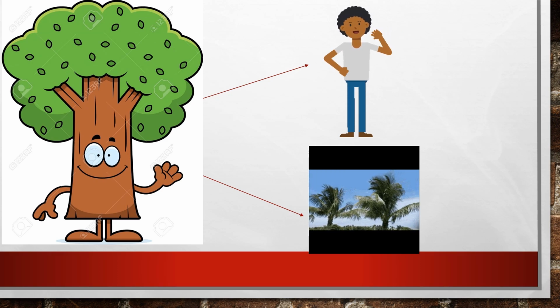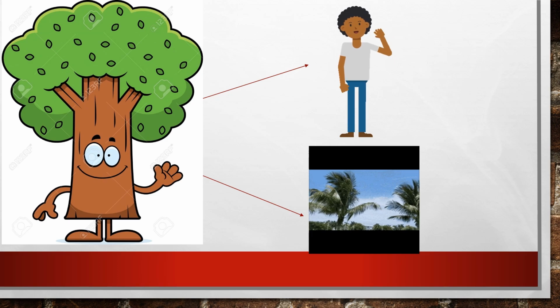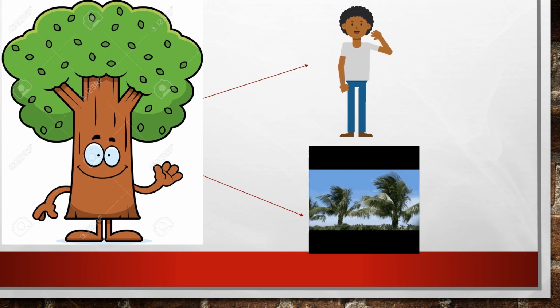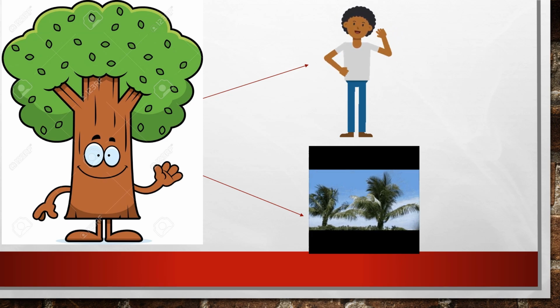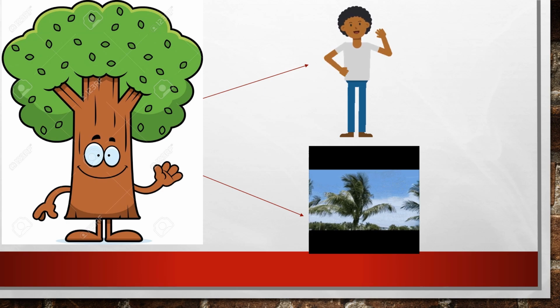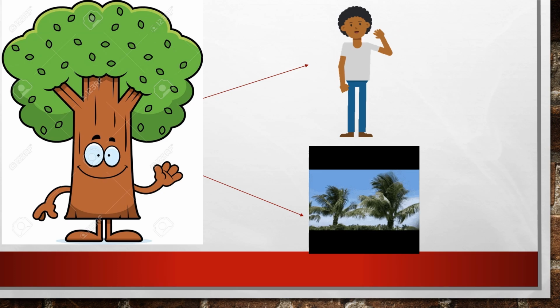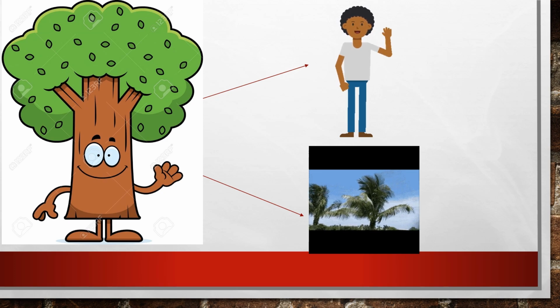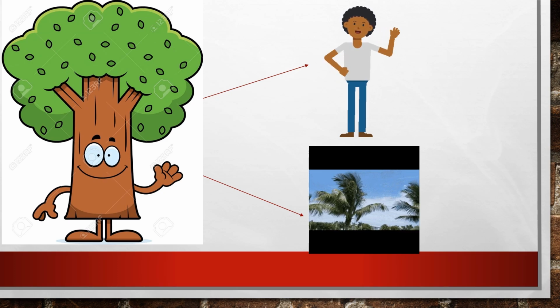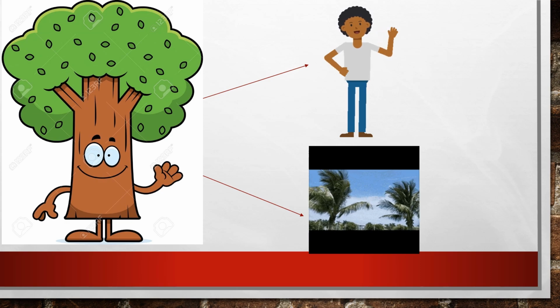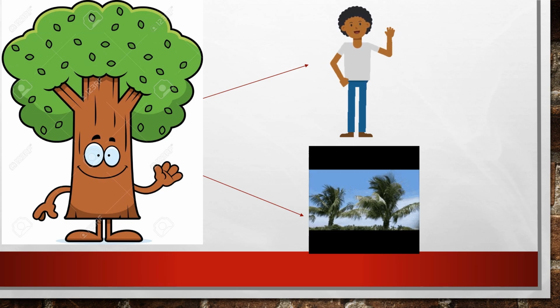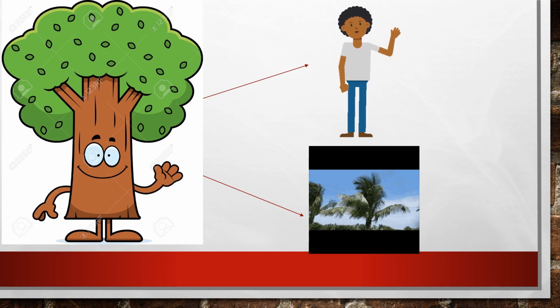A tree cannot physically wave. This simply means the tree was moving around. So you have to imagine there's wind, and the tree is moving around. That is what this phrase means. This makes the image of the tree more engaging.